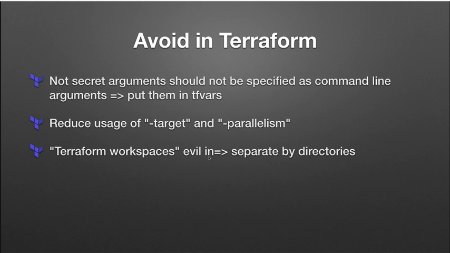Everything is transparent in the code. When you embed some crazy values like count and workspace name or comparison, then you make it not so obvious for people to identify what kind of configuration has been deployed.